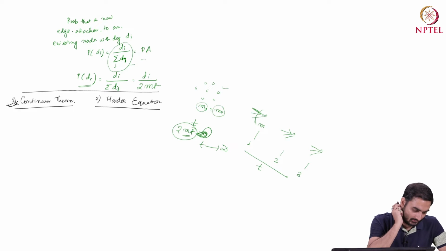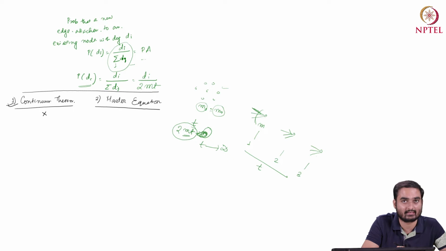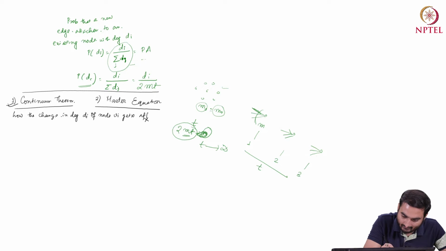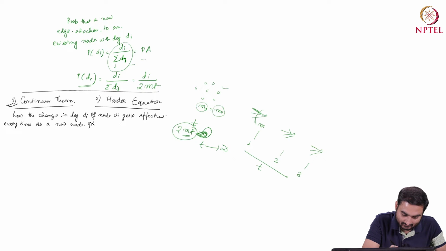Okay, so we basically show how the change in degree di of node vi gets affected every time a new node joins.